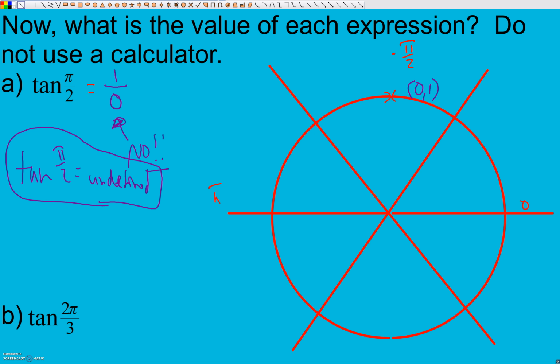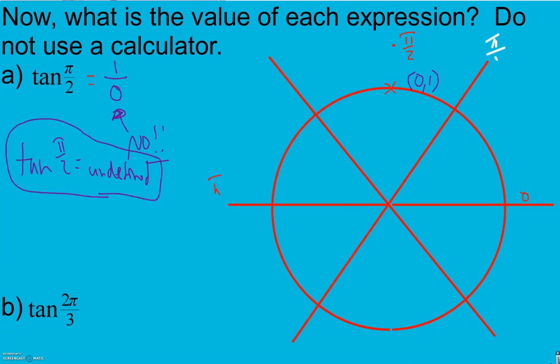I want tangent of 2 pi over 3. I have 1 pi over 3 and 2 pi over 3. 2 pi over 3, I drop down. Again, I divided by 3, so I know it's a 30, 60, 90. I just have to determine which one's my long side and which one's my short side.